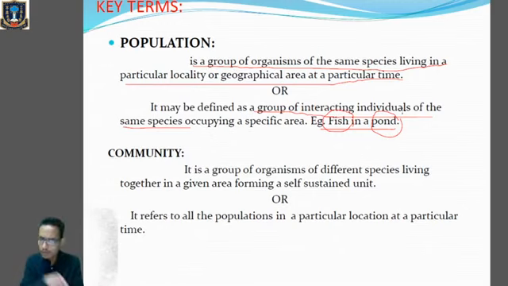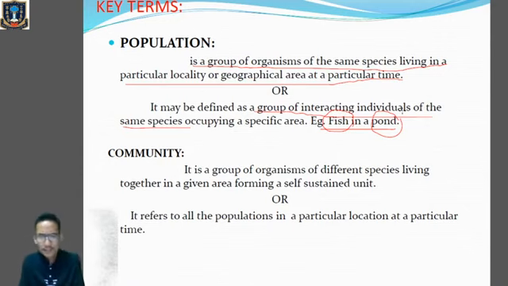Within the population also, two individuals are not similar. There can be differences in terms of their genetic makeup, in terms of their genes. So within the population, individuals cannot be the same in terms of their genetic makeup. Clear? Not only that, their way of survival and their way of reproduction can also be different.